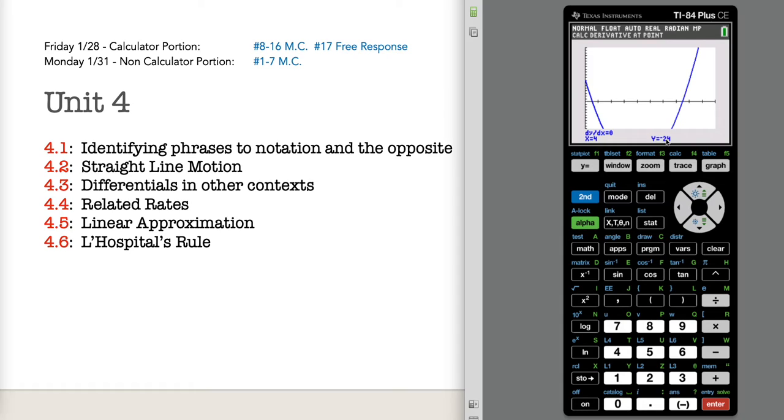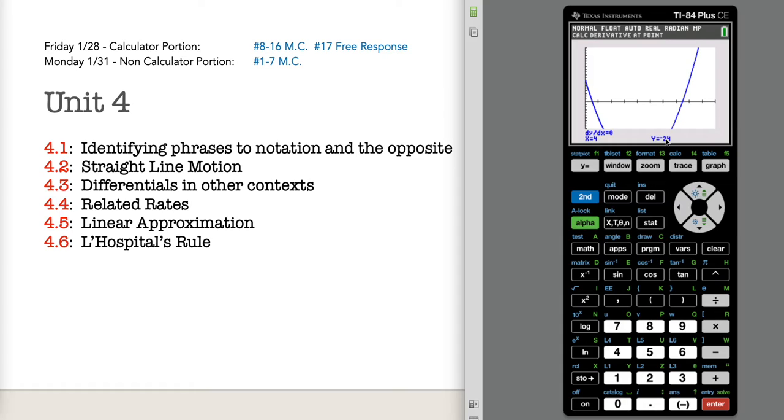Yes? If it's too hard, can you do it all by hand? Like, for finding the velocity? If what's too hard? Putting it in the calculator? Yes, you can do it by hand. So there definitely is never a rule against doing that.